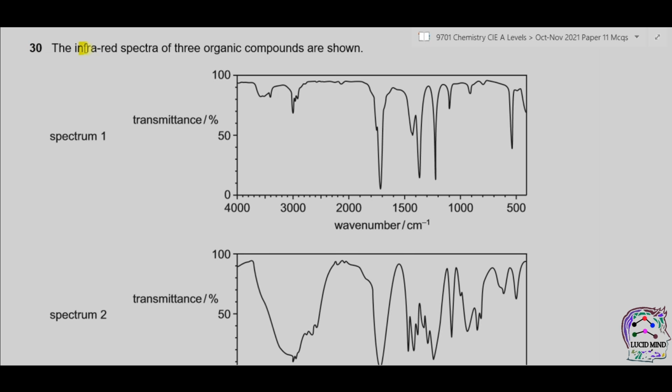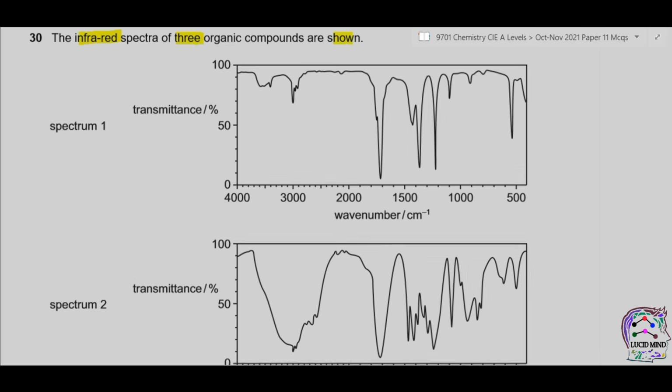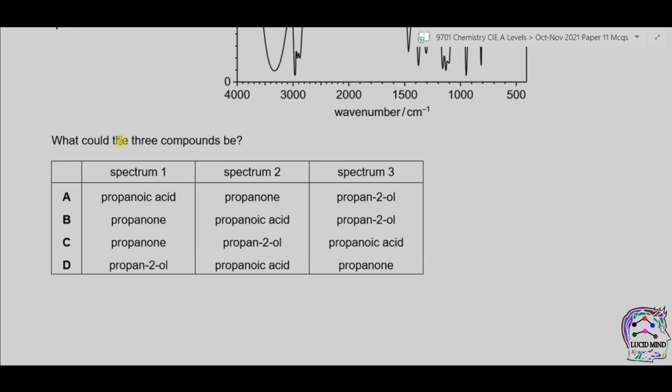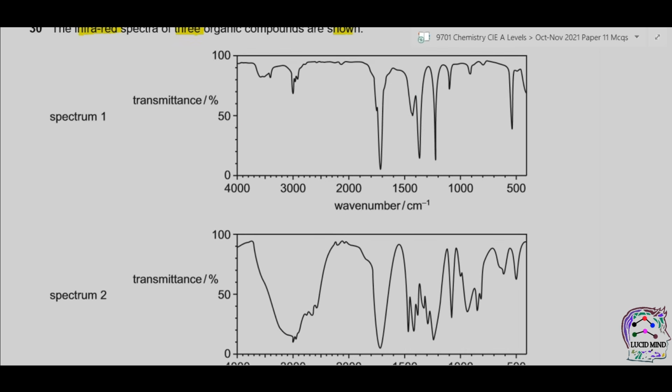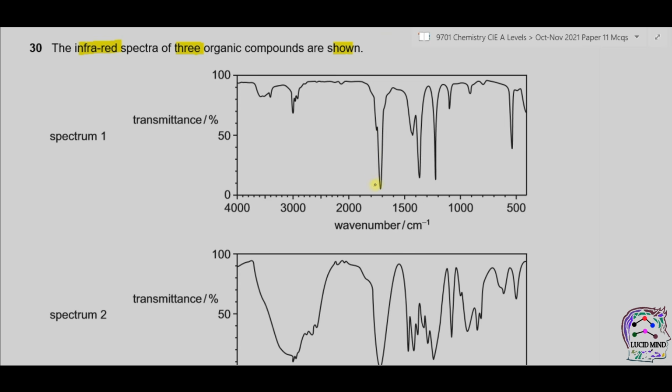Question 30. The infrared spectra of 3 organic compounds are shown. What could the 3 compounds be? We have only 3 options. One is propanoic acid, which is carboxylic acid, one is ketone, propanone, and one is secondary alcohol propan-2-ol. Let's look into the first one. We have carbonyl peak present.